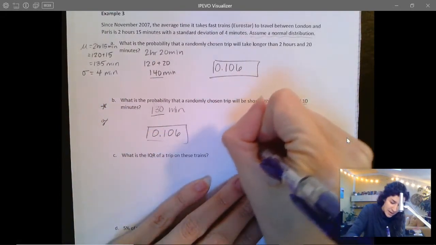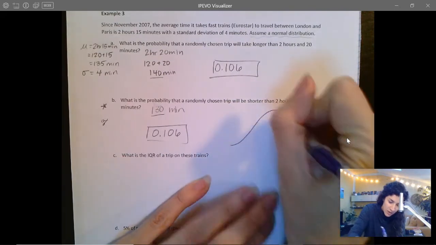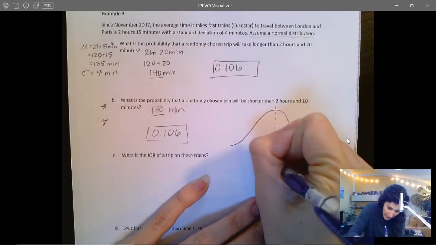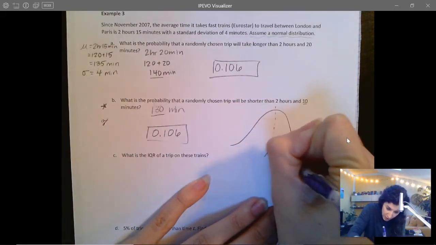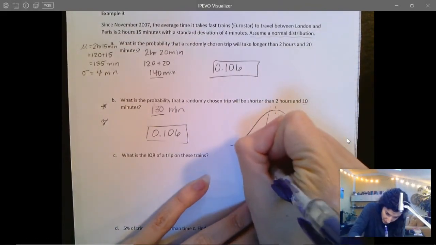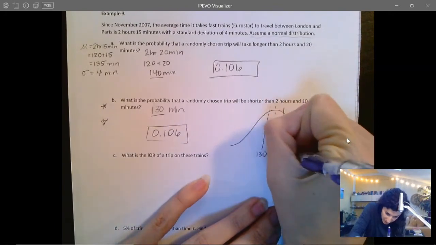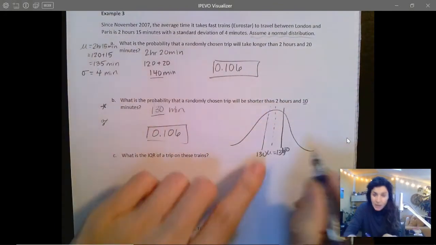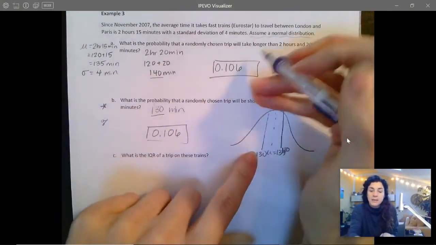And it's that same idea on the bell curve, where if we have an average of 135, and then we talk about, hey, here's 130, and here's 140, not my best diagram, but you get what I'm saying.